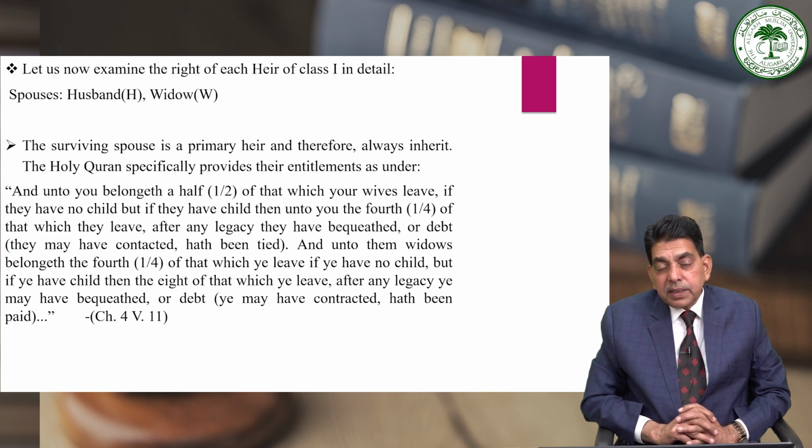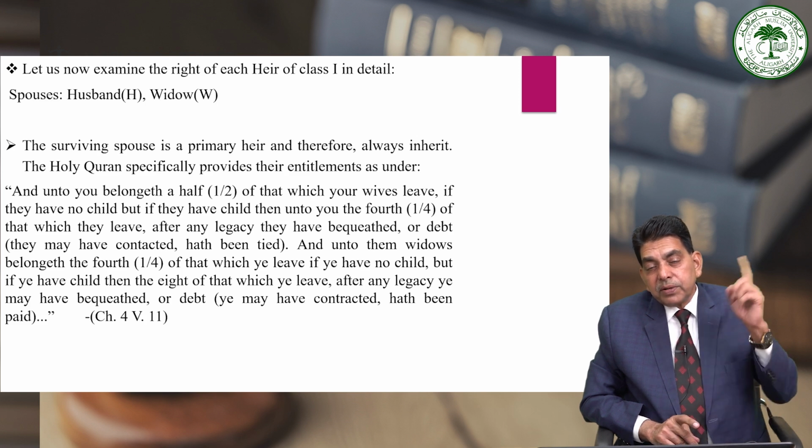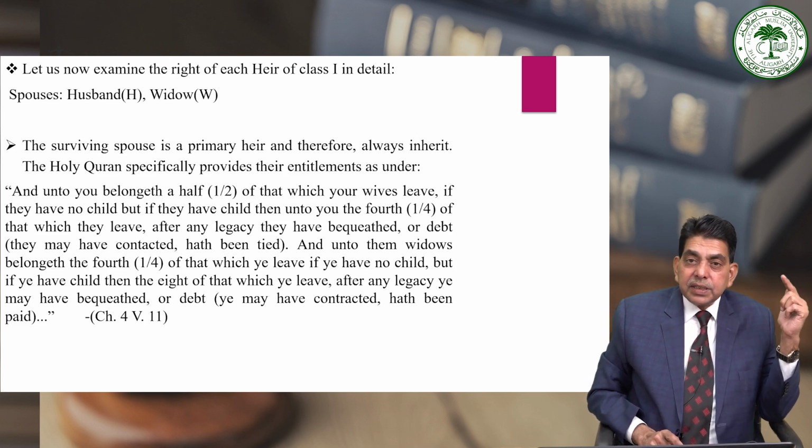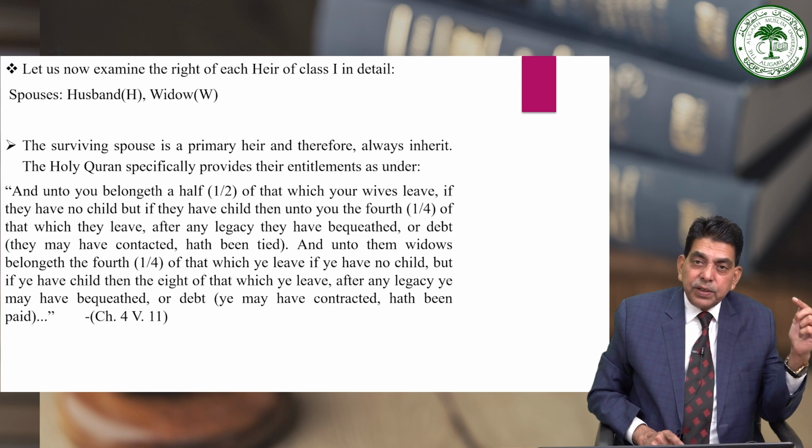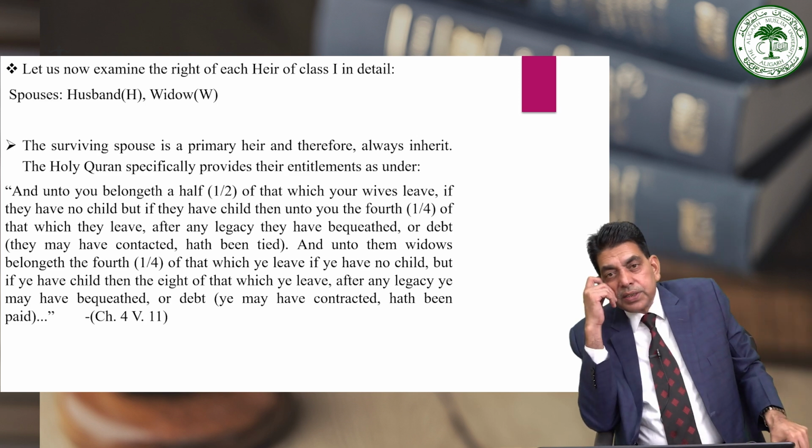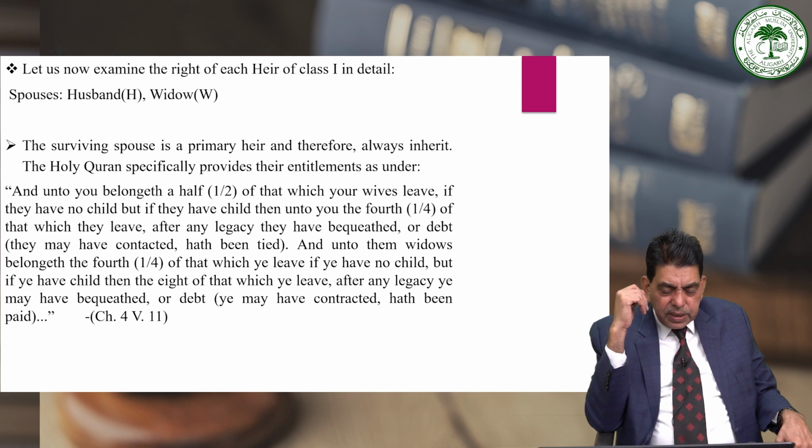I have already mentioned at the outset that, on the basis of importance, the heirs of a deceased Muslim are classified into two main classes, that is primary and secondary. In the primary class there are 6 relations, and one of the relations included in the primary class are spouses, that is the husband or widow as the case may be.